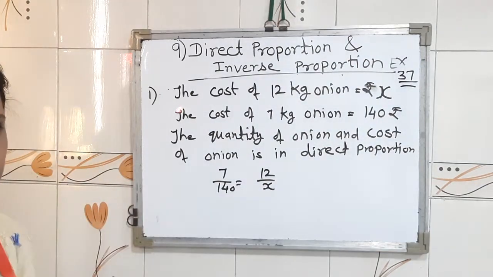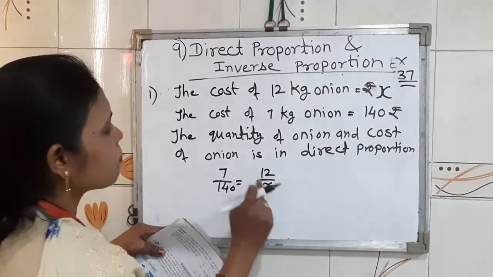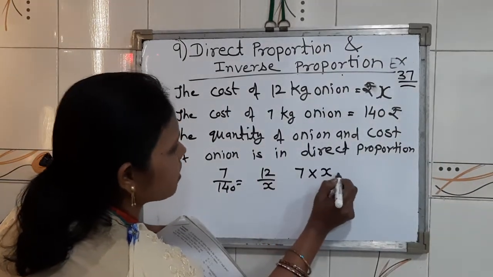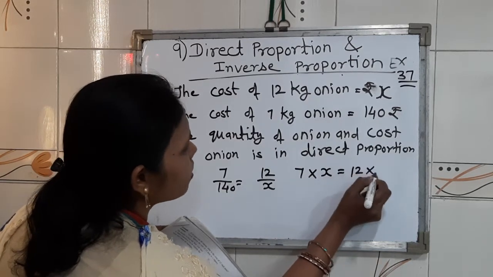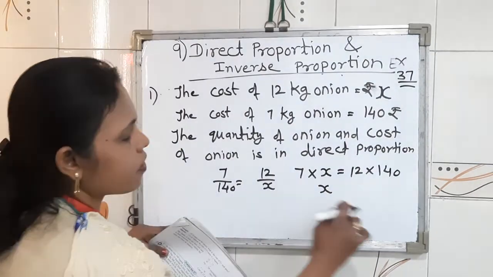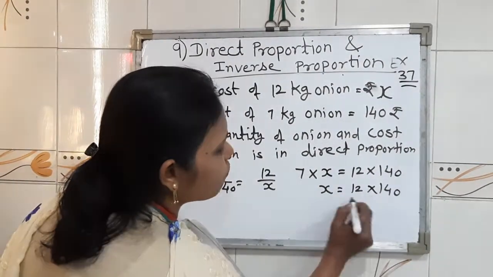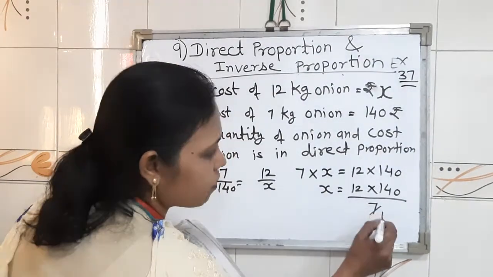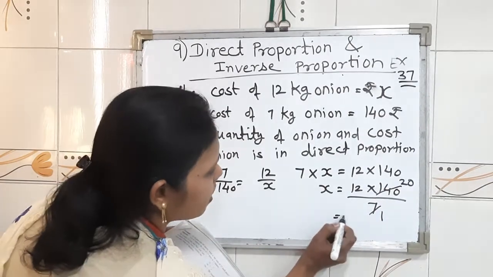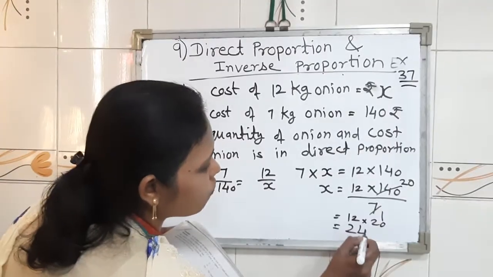In direct proportion, we do cross multiplication. 7 into x equal to 12 into 140. x will remain here. This 7 we will take to the right hand side. 12 into 140 divided by 7. 7 ones are 7, 7 twos are 14 and 0. Then 12 into 20 equal to 240.